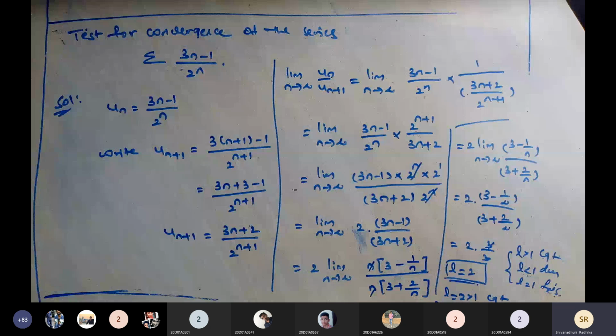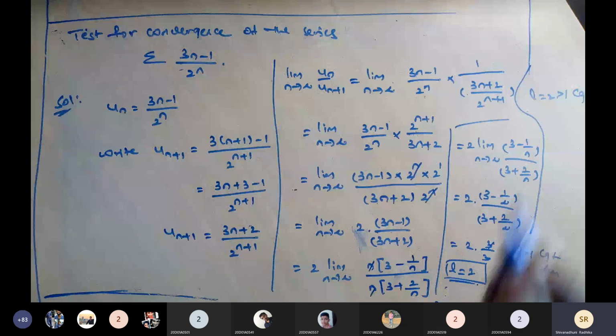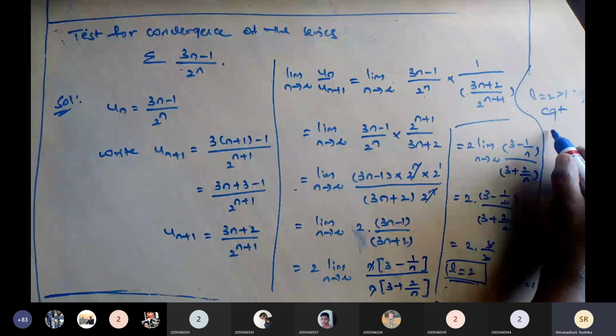Okay, once again, I am going to write at the top. Next, L equals to 2. Now, L equals to 2 is greater than 1, which is convergent by the ratio test.